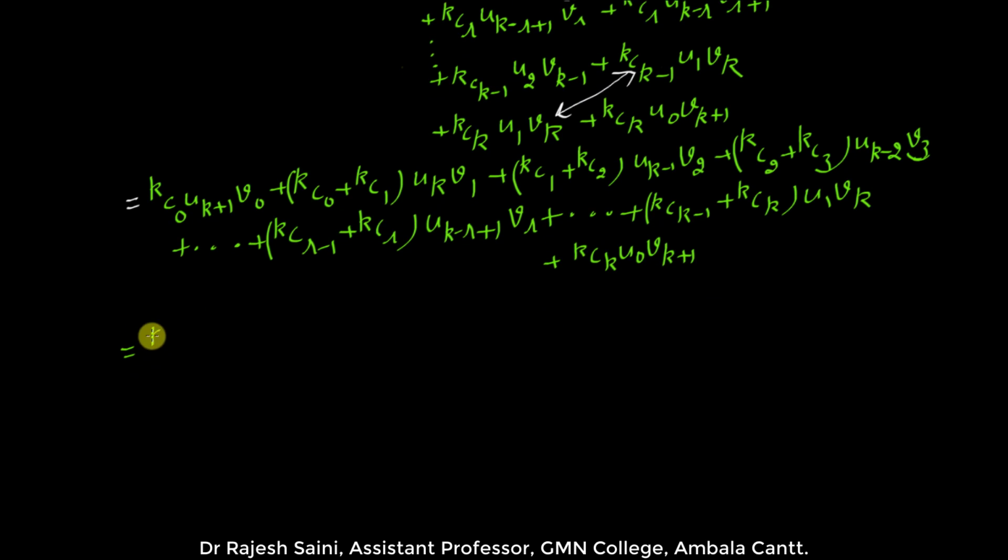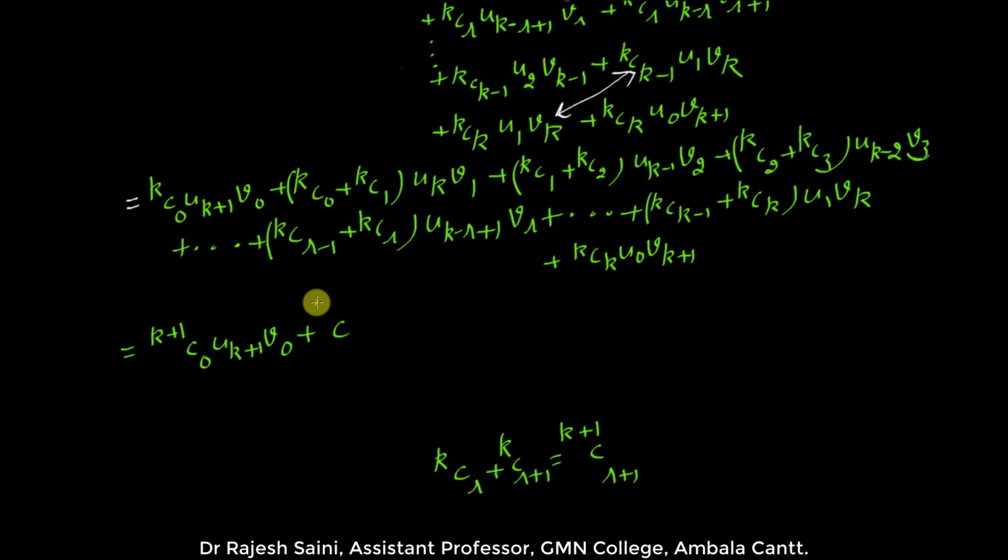Now this can be written as (k+1)C0 u(k+1) v naught plus, and this is equal to, we know the result that nCr plus nC(r+1) is equal to (n+1)C(r+1). Increase it by 1, and the greatest of these two integers r and r plus 1 is r plus 1.